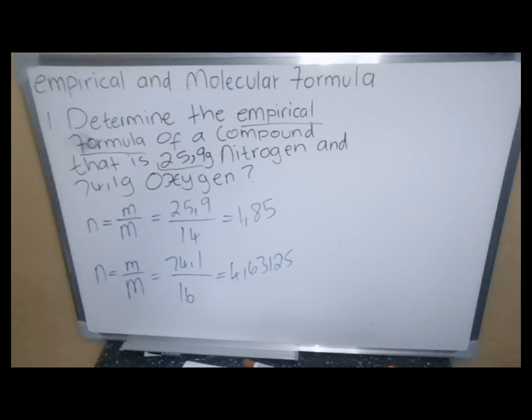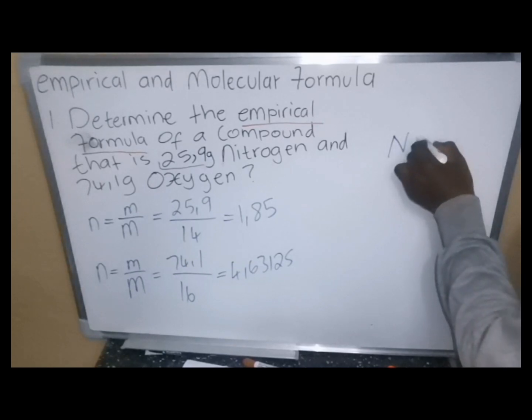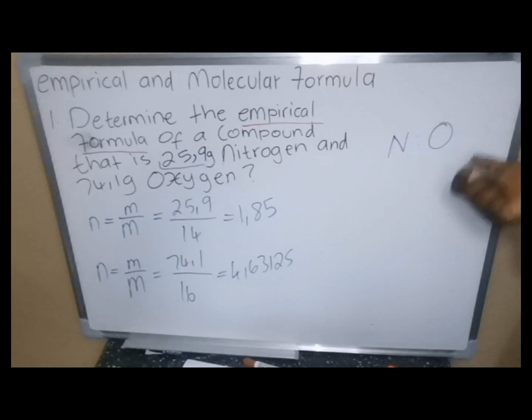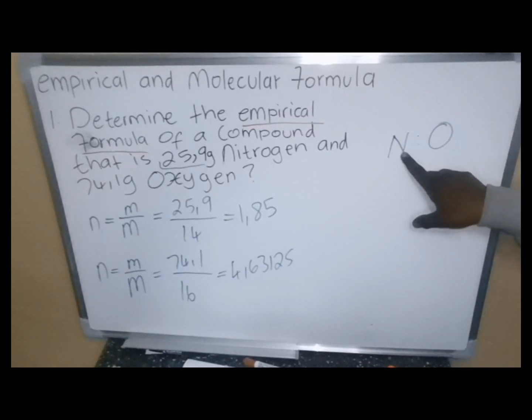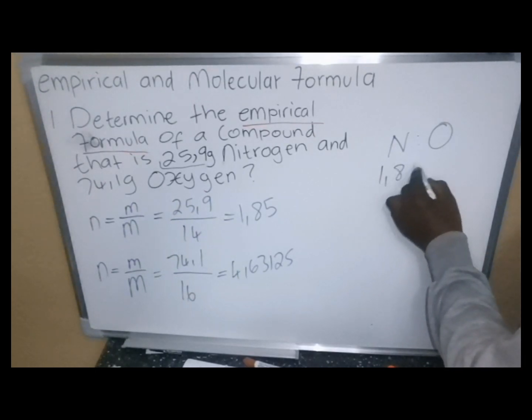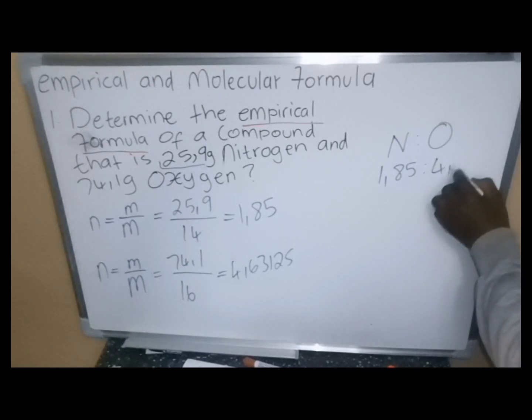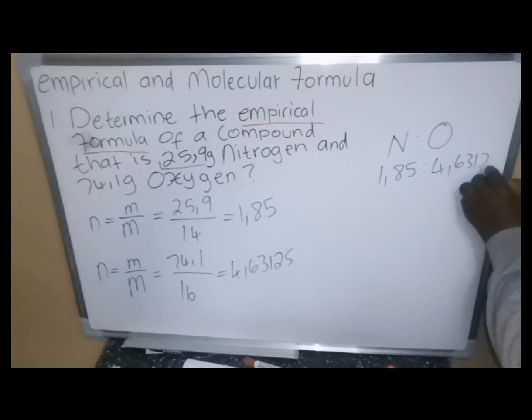Now, the second step is finding the ratio. What is the ratio for nitrogen to oxygen? It's very simple. The number of moles for nitrogen is 1.85, and the number of moles for oxygen is 4.63125.